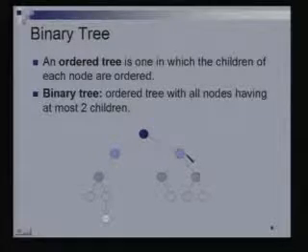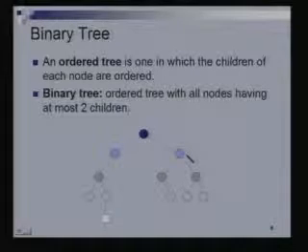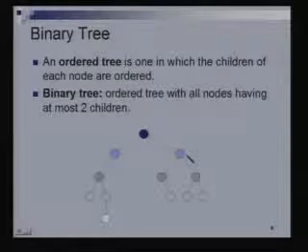Suppose you want to draw a family tree. In a family tree, maybe you want to draw the eldest child to the left, and the younger child as you move from left to right. So there is a notion of order there, and sometimes you want to reflect that order in your tree. But there would be no notion of order in this example.